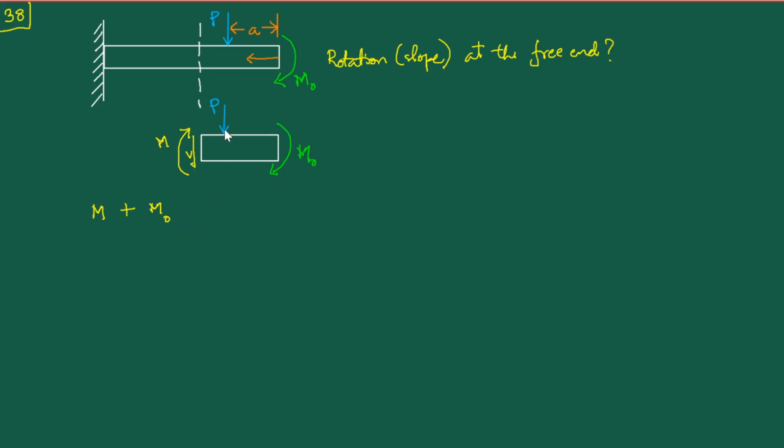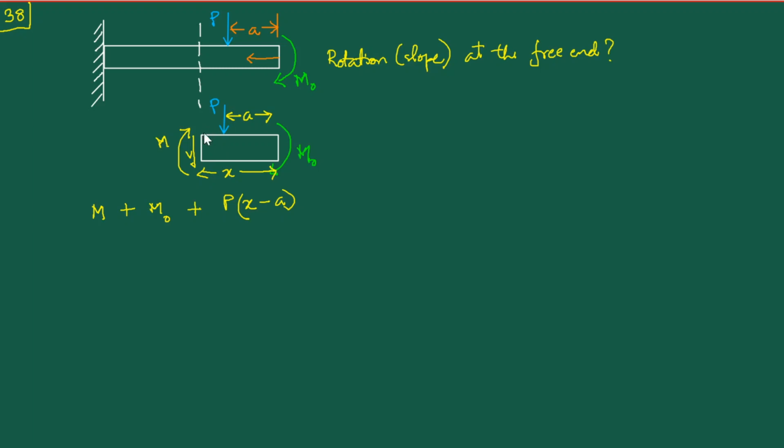For the contribution of this P towards the moment, calculated about an axis which is passing through this end, we note that we have to use the Heaviside or the step function here. The moment arm is given by x minus a, because this entire portion is x, and this part is a.